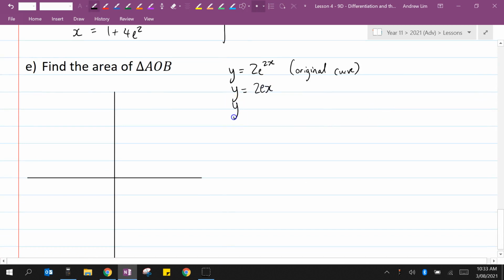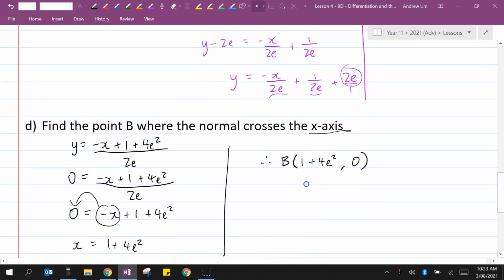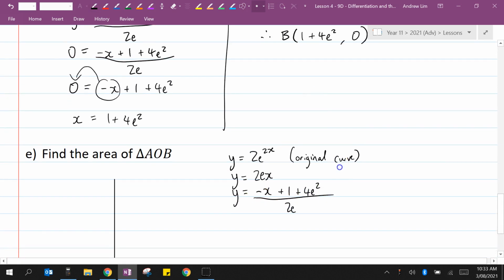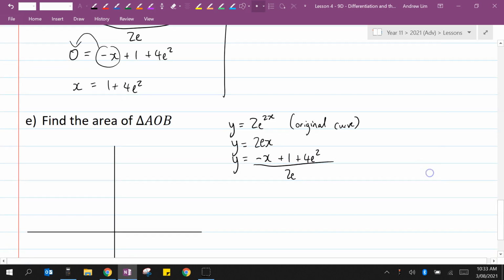We want to graph the equation of the normal, which is minus x plus 1 plus 4e squared all over 2e. And then we should have enough to work out what triangle AOB looks like.